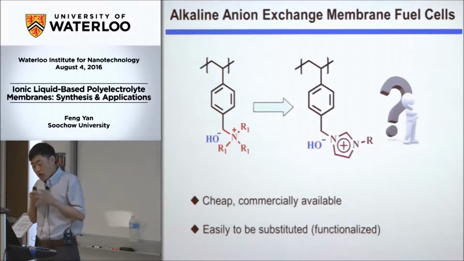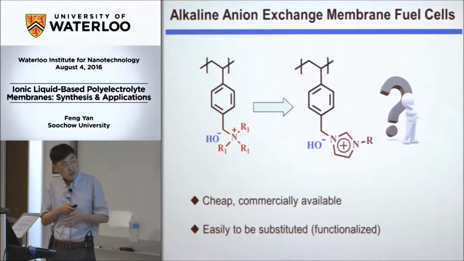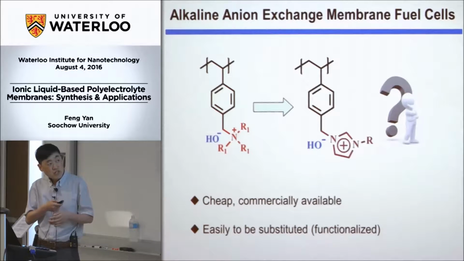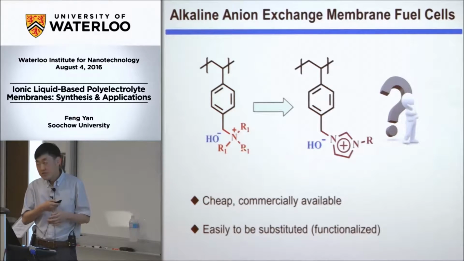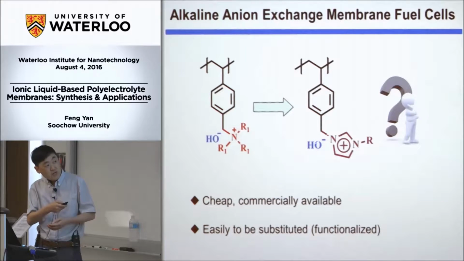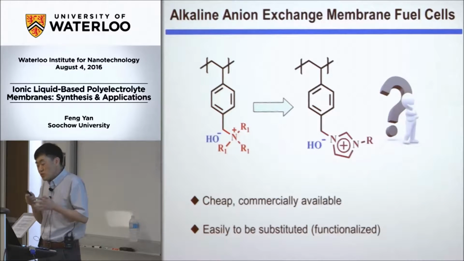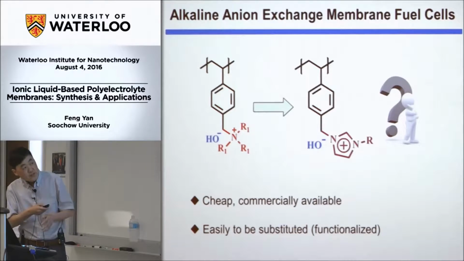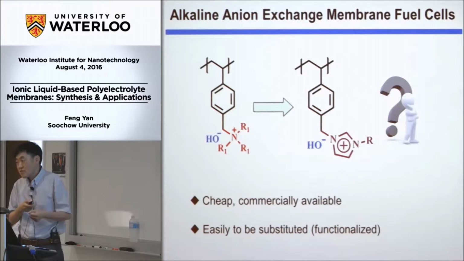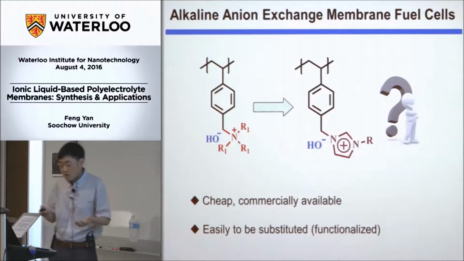Since my group focuses on polymeric ionic liquids, we thought, is it possible to use imidazolium cations to replace the ammonium cations? This type of cation is cheaper and commercially available. Most importantly, it's very easy to functionalize these cations, and the organic synthesis is not too complex.